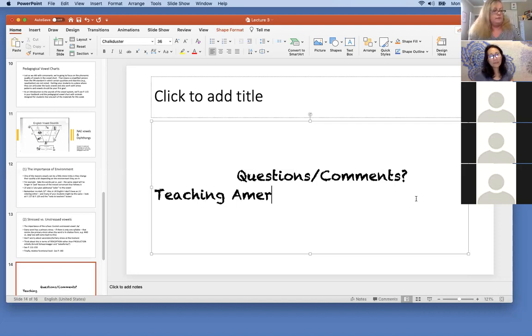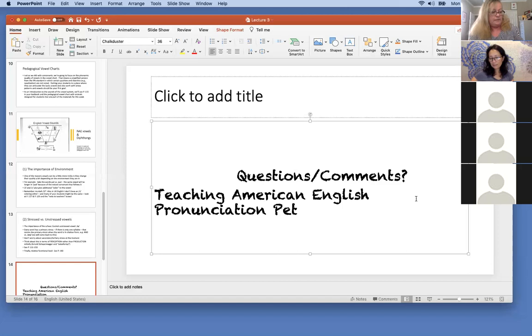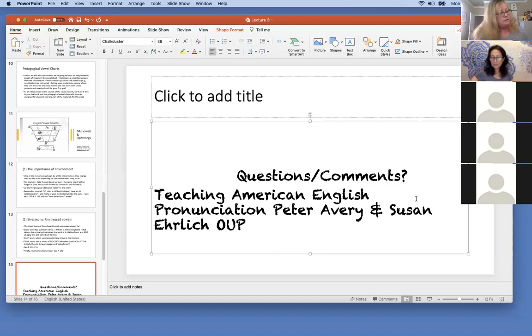Yes. Okay, so it's called Teaching American English Pronunciation, and it's by Peter Avery and Susan Ehrlich, and it's Oxford University Press. It's got several editions, but this one is 1996.